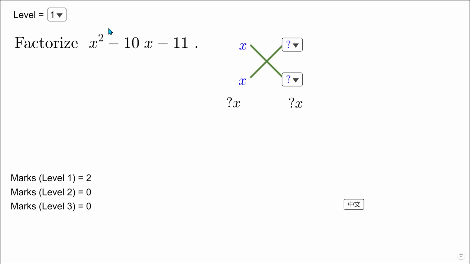This we haven't really done, but let me knock ourselves out and say that when the signs are different, it's a mixed sign, and what we're trying to do is to get two numbers that multiply to 11, subtract to 10, and of course they're 11 and 1.